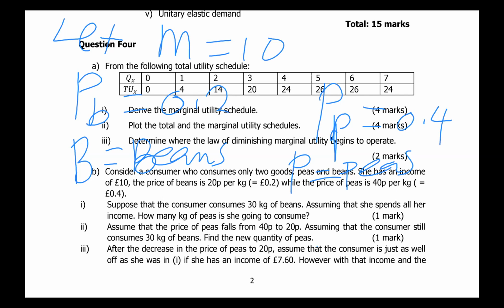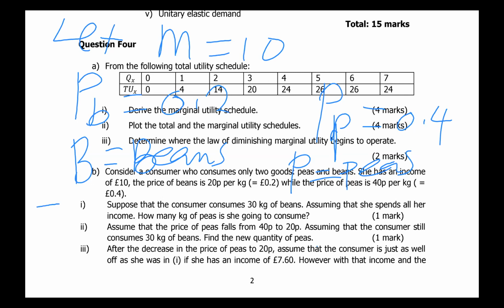The price of beans is 20 ngwe per kg, which is the same as 0.2, while the price of peas is 40, which is the same as 0.4, in terms of money. So now the question is this one. Suppose the consumer consumes only 30 kgs of beans, assuming that she spends all her income, how many kgs of peas is she going to consume?